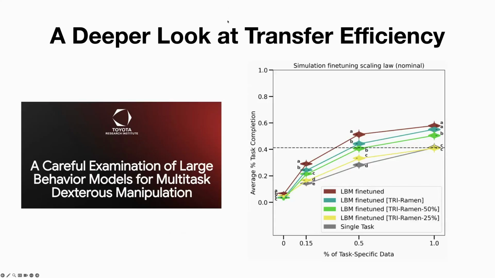What they observe is very similar to the language model setup. The more data there is in the pre-training, the more effectively you can fine-tune to the test setting. With the same amount of data, you get better performance, or for the same target performance, you can use less fine-tuning data.